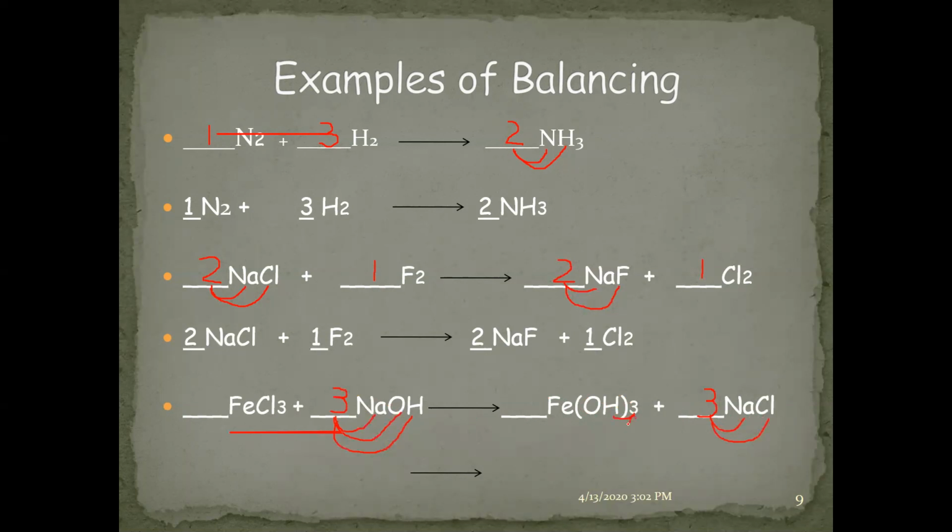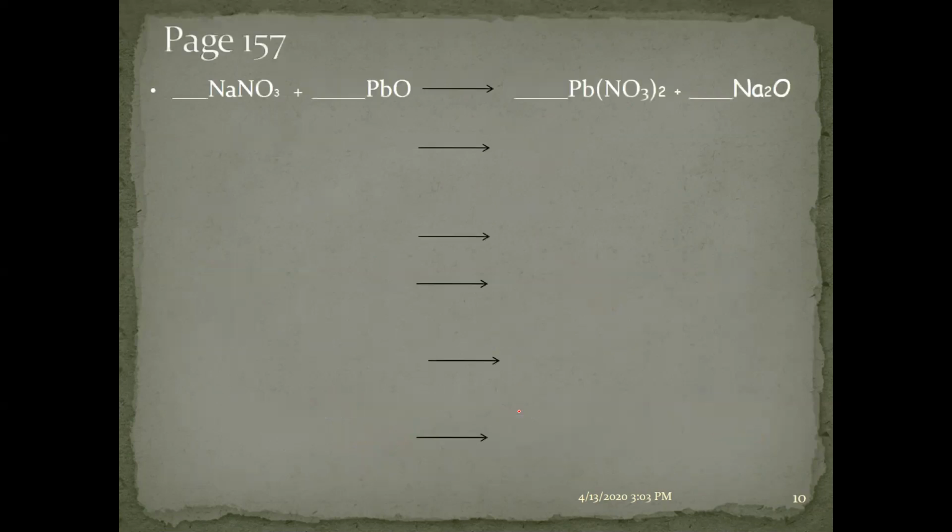So H3, O3. But again, I added a 3 in front of sodium hydroxide, NaOH, that got distributed, so I'm balanced. At this point, you can add your 1s in. You're balanced. So your 4 numbers are 1, 3, 1, 3.